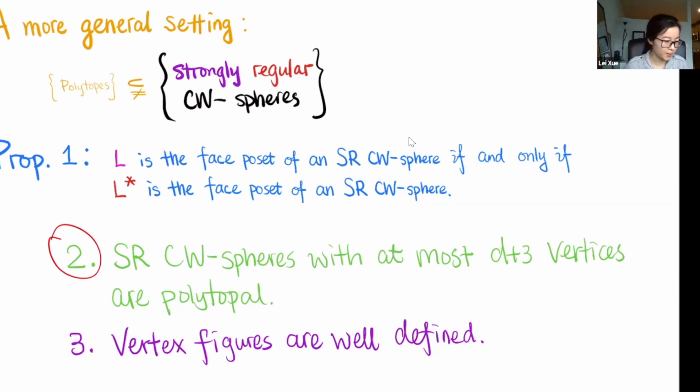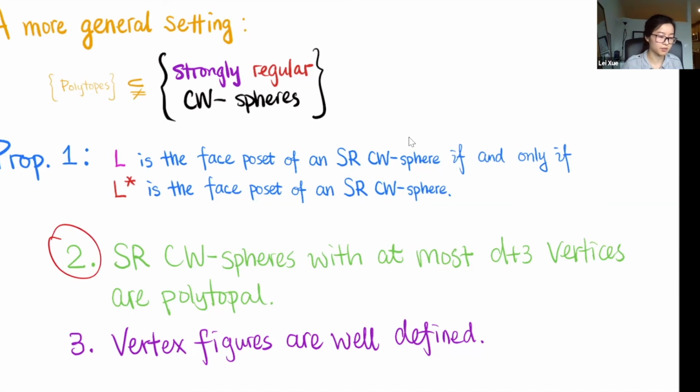And proposition 1 says that basically this set is closed under dual. If you have a face poset of some strongly regular CW sphere, you dualize, you flip the poset, it's still a face poset of some strongly regular CW sphere.